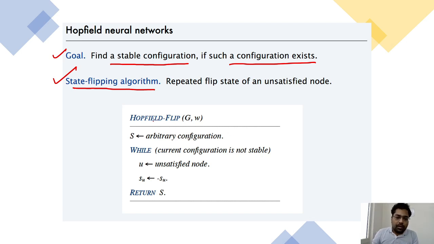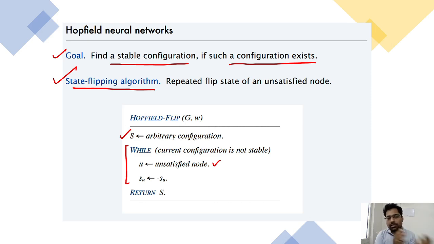Okay. Next, we are following S here as an arbitrary configuration we have already taken. Next, based on the configuration, we have to run the while loop. What exactly are we doing? Whichever configuration you have taken, if it is not stable, in the sense the nodes are not satisfied, then what you have to do? You have to focus on the unsatisfied nodes.